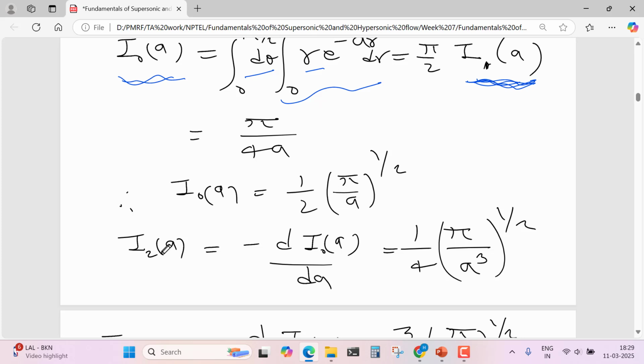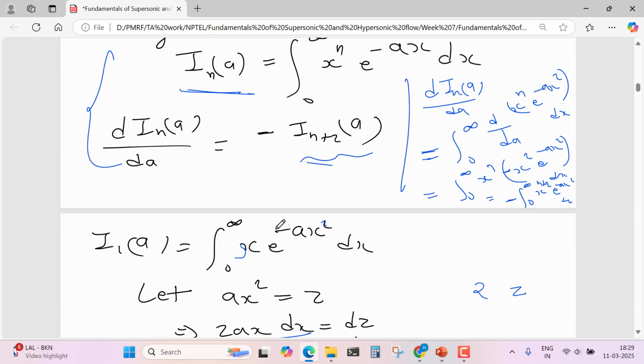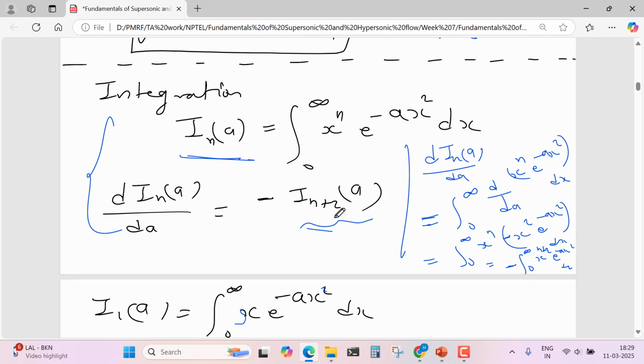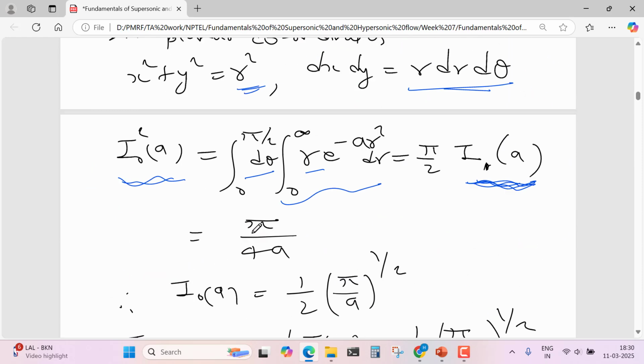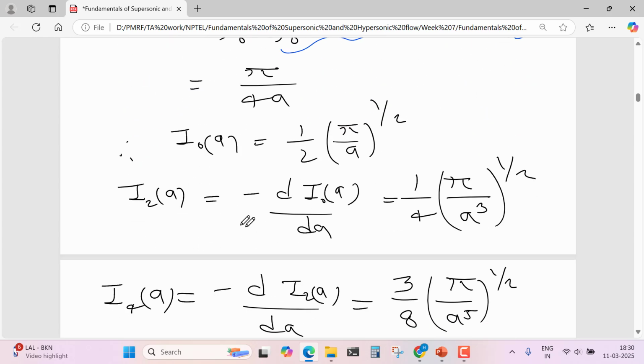So how to find I2a? We will use the derivative relation. I2a will become equal to minus d I0a upon da. Replace n by 0 here. So I2a equal to minus d I0a upon da.